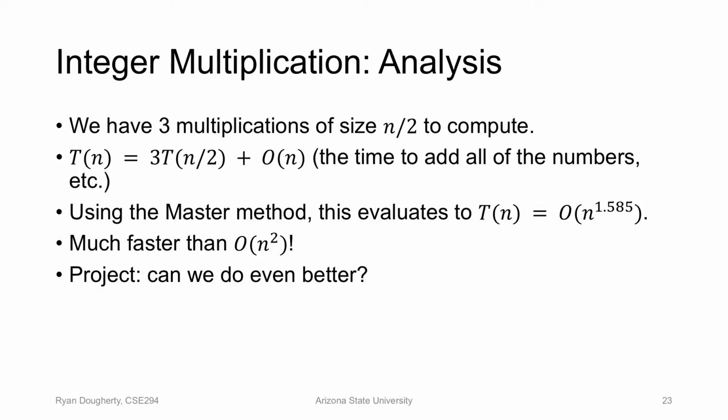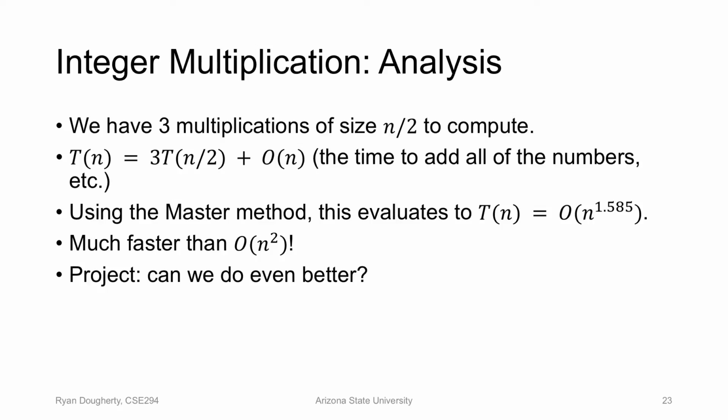But using a method like this for finding smaller matrix multiplications and adding those up, you can reduce the runtime from n cubed to like n to the 2.8 or something. So you can see this kind of pattern in other domains, like matrix multiplication, integer multiplication, things like that.